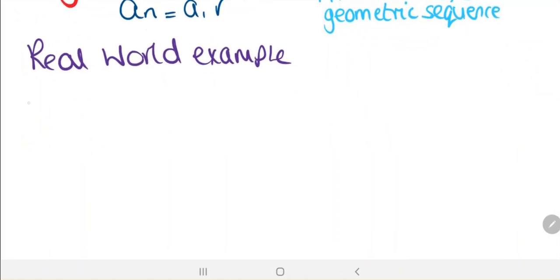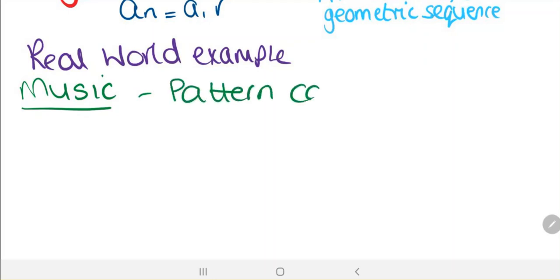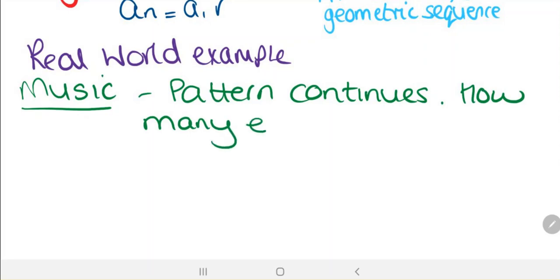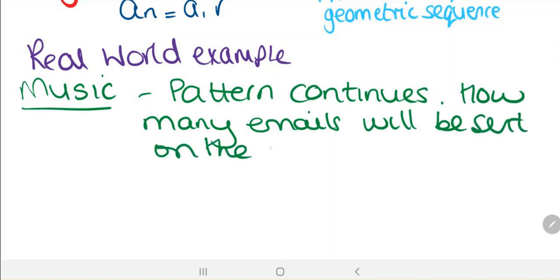So this is a music example. It says if the pattern continues, how many emails will be sent on the 8th round?